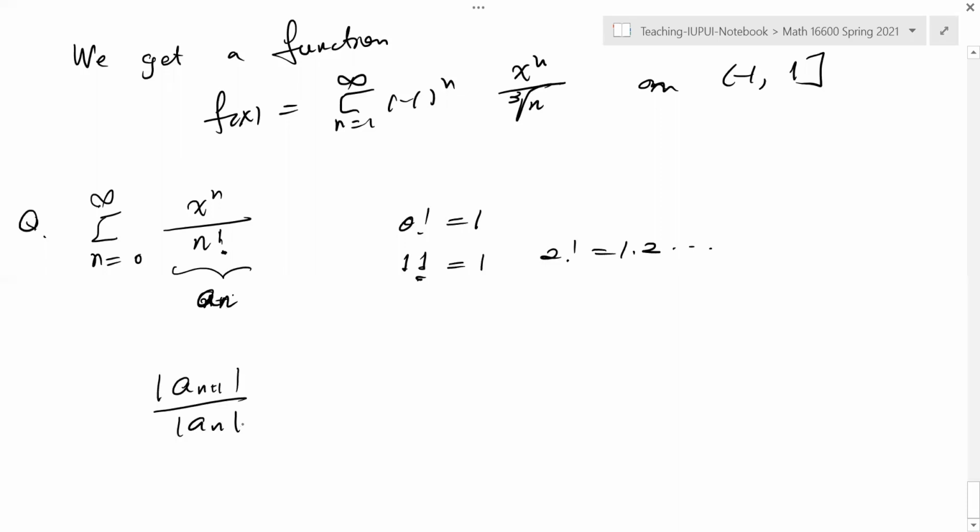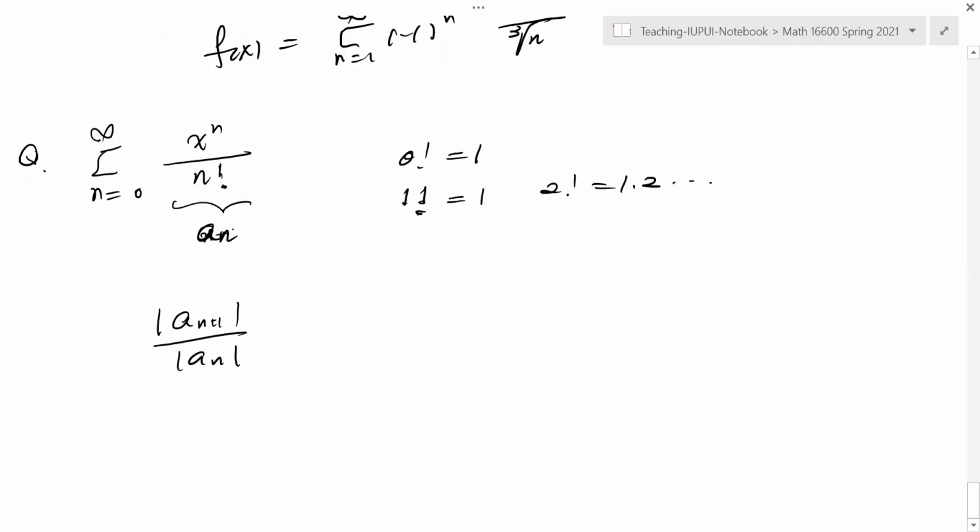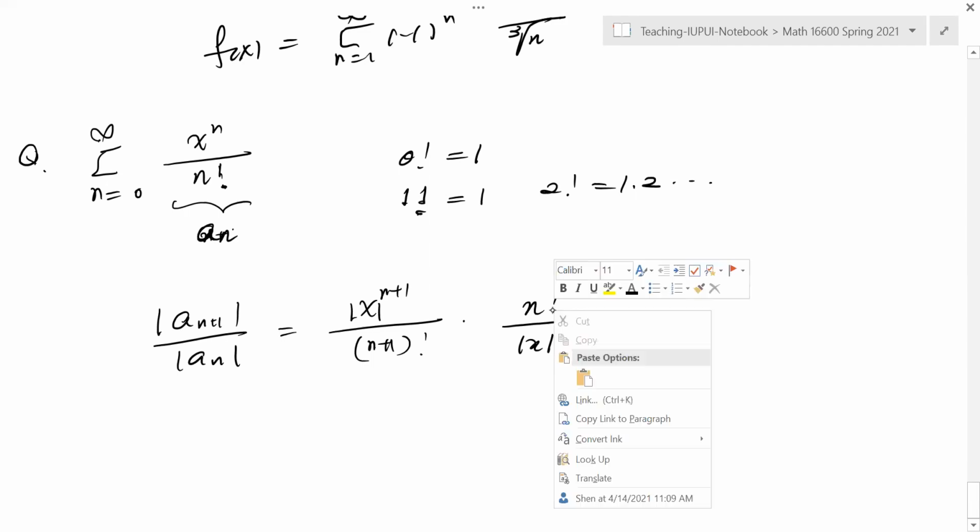Most of the time we use the ratio test. That works very well. So let's simplify it. This is n plus 1 factorial and x to the n plus 1 absolute value, and then the denominator I turn upside down, and here's n factorial.